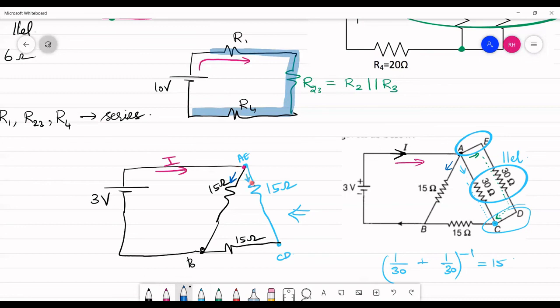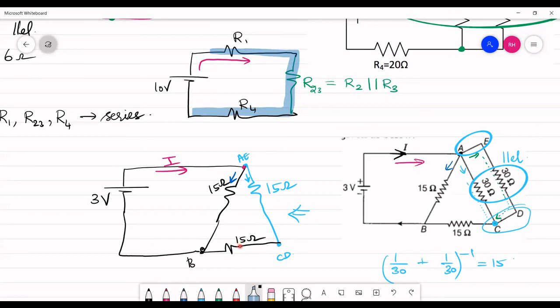Whatever current flows here is going to flow through this resistor also, because here you don't have a node. A node is a point where more than 2 elements meet. Here only 2 elements meet and hence this is not a node. If you don't have a node between two resistors, then whatever current flows here is obviously going to flow through this resistor also.